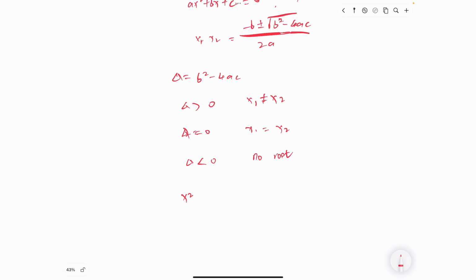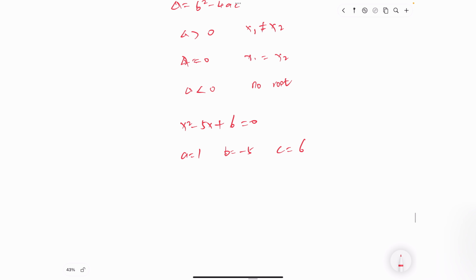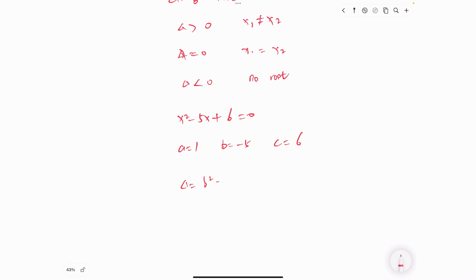So let's say we have x squared minus 5x plus 6 equals 0. So a equals 1, b equals negative 5, and c equals 6. Delta equals b squared minus 4ac. We have negative 5 squared minus 4 times 1 times 6.